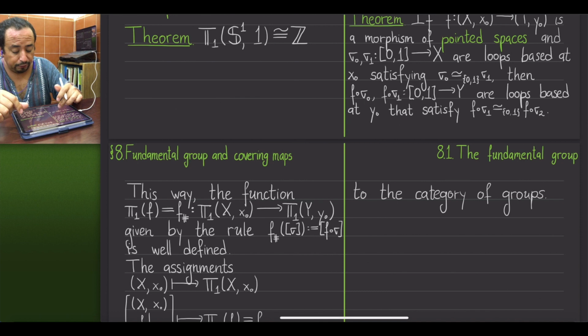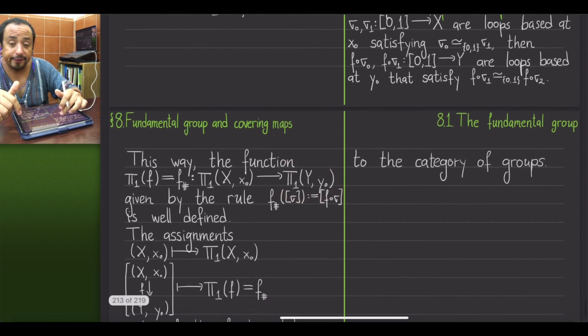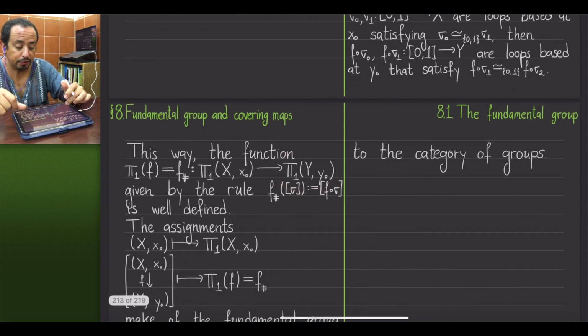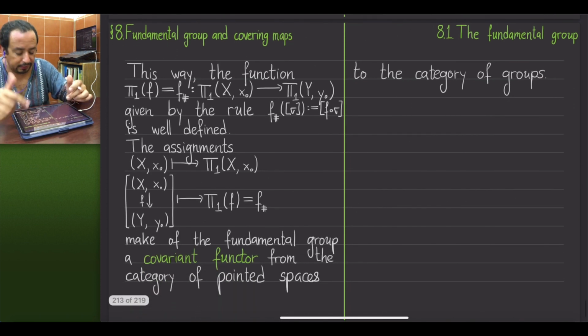Okay, so that's well defined. So I have a function from this fundamental group to this fundamental group. Exercise: that function is actually a group homomorphism, and that's very easy to prove.